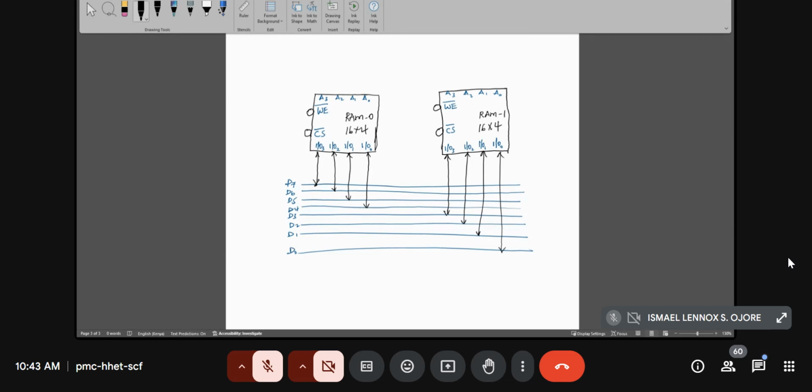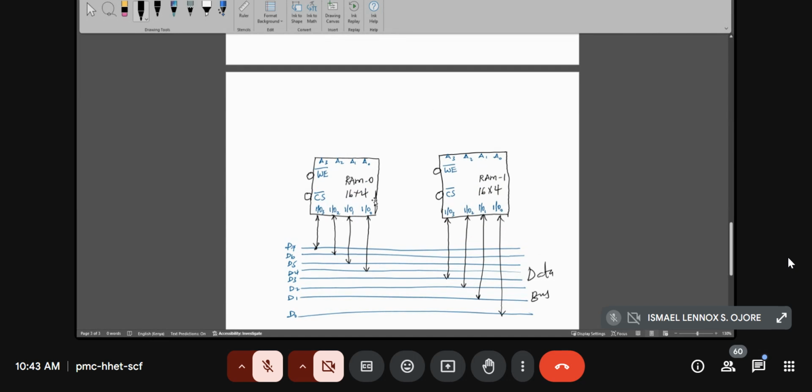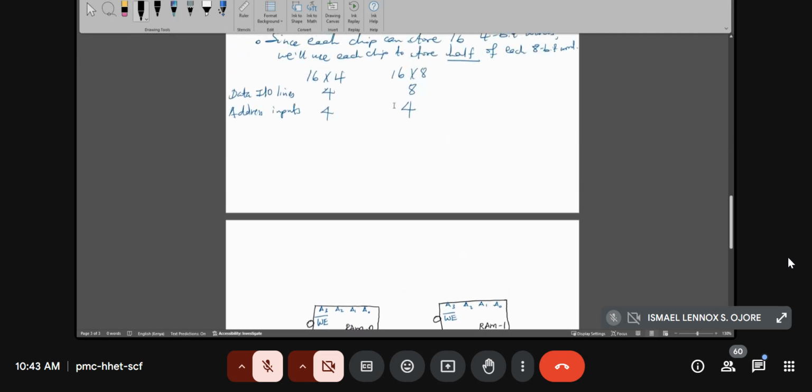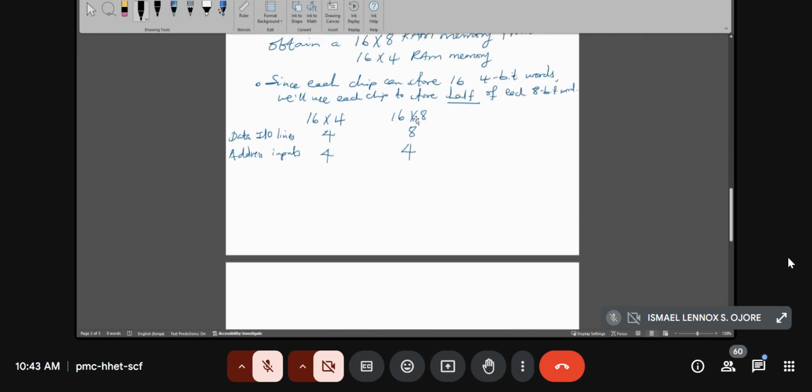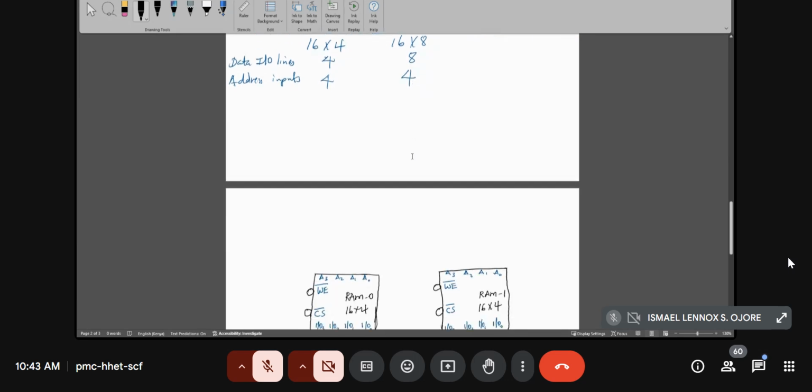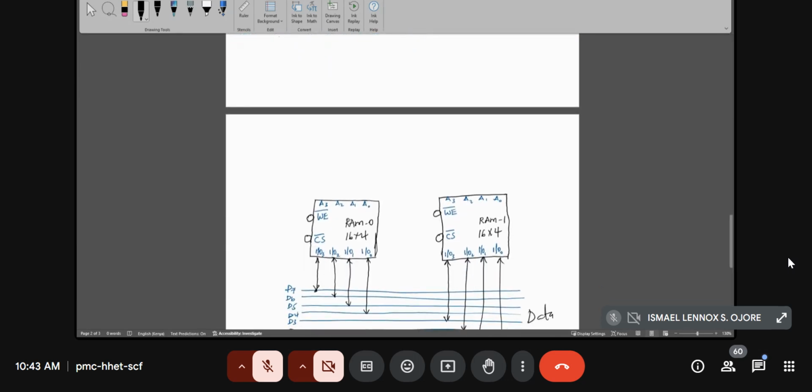Okay, so for the data output, I think that is okay. What about the address bus? We have determined that our combined memory, or the resulting memory, would still need 4 address lines. So here we need 4 address lines.